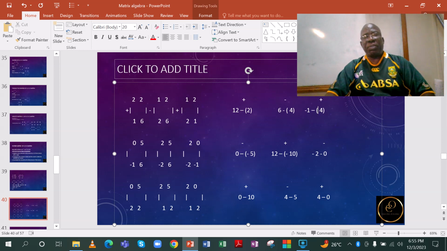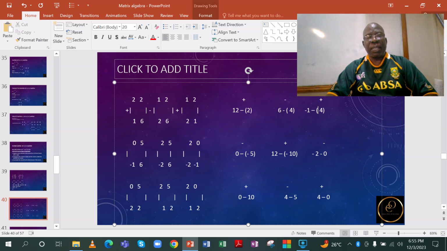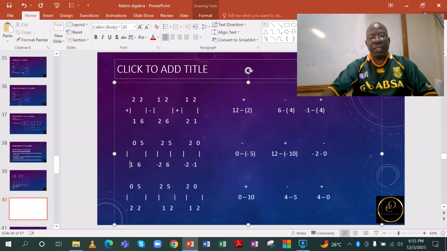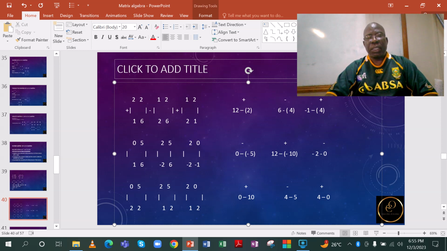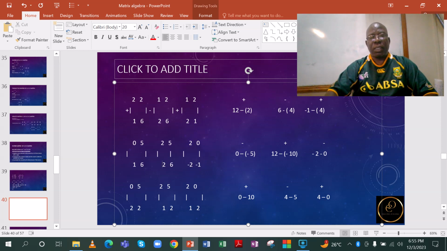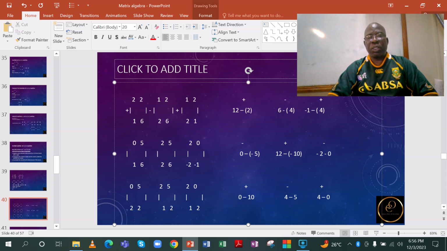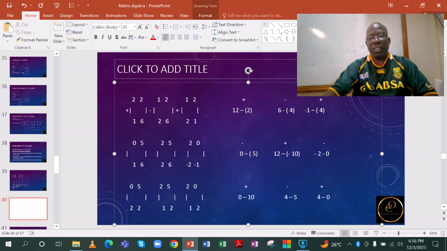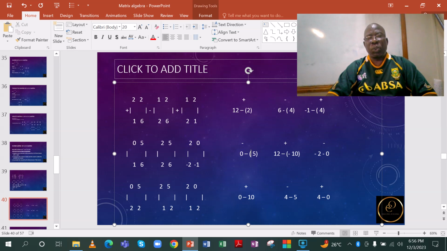Then we're going to have the next one, and in this particular case there are certain adjustments. We have 0 times 6, which is 0, minus 1 times 5, which is 5 here. The next one will be 2 times 6, which is 12, minus 2 times 5, which is 10, positive 10.